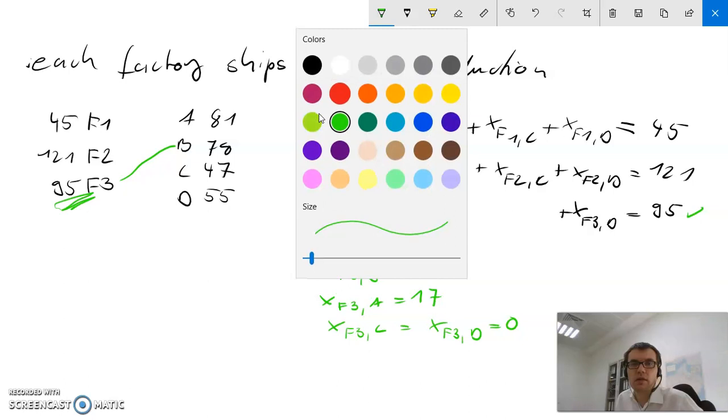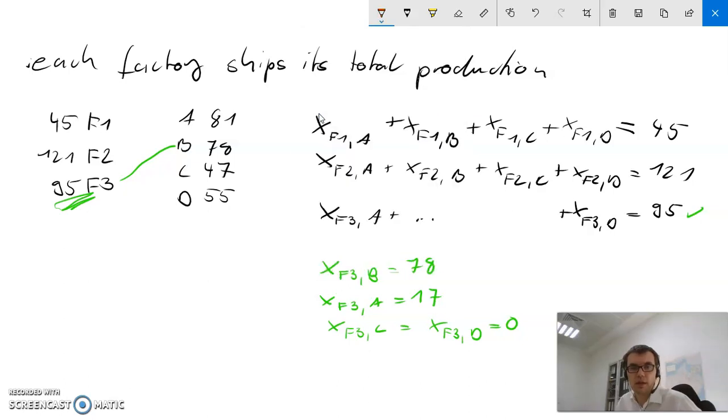However, our model is still not complete. What might happen if we look at factory F1, at these constraints?